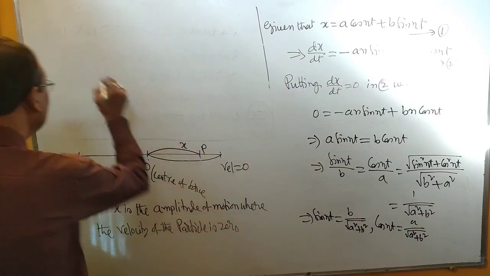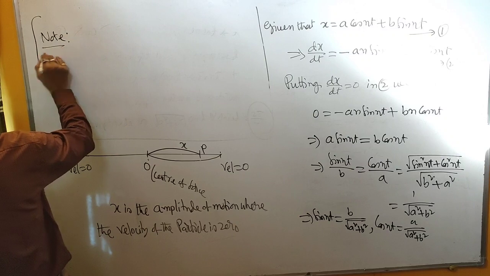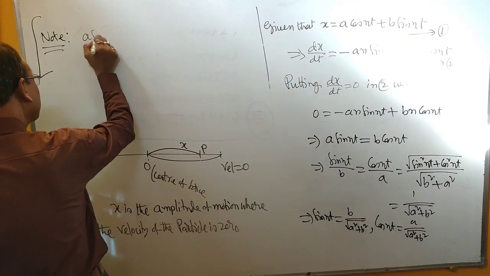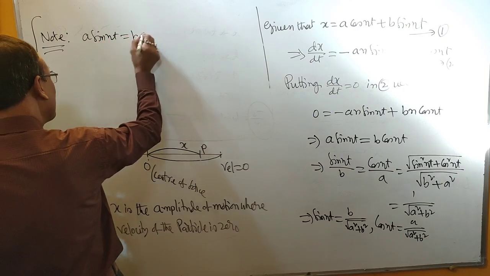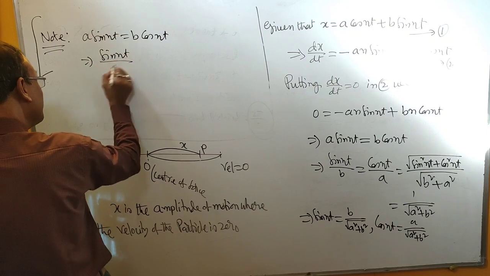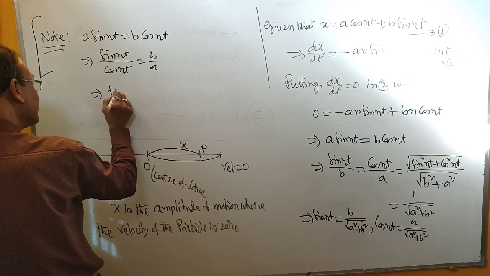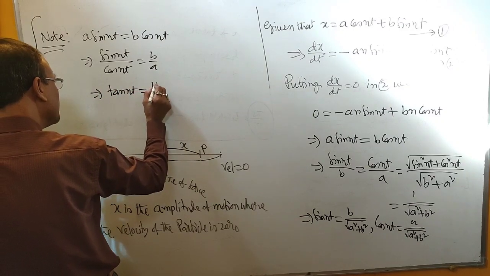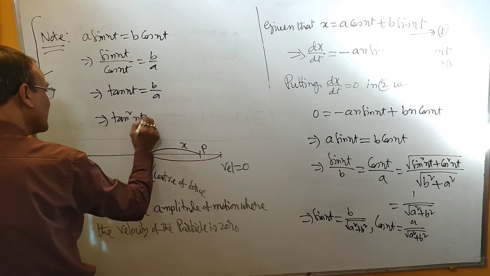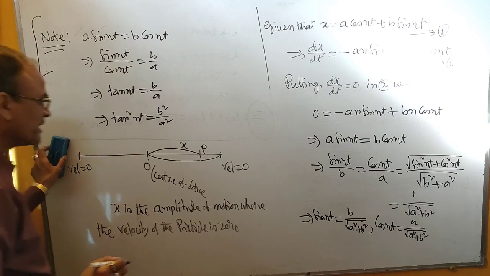Now, keep it within the bracket. A sin n t equals B cos n t. This means sin n t divided by cos n t equals B by A, so tan n t equals B by A. This means tan square n t equals B square by A square.